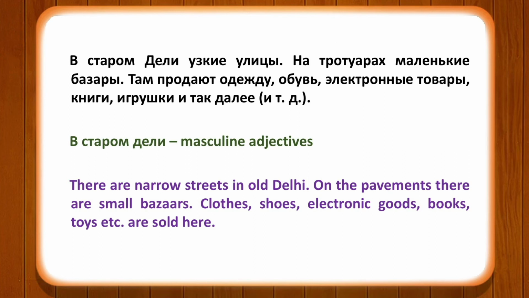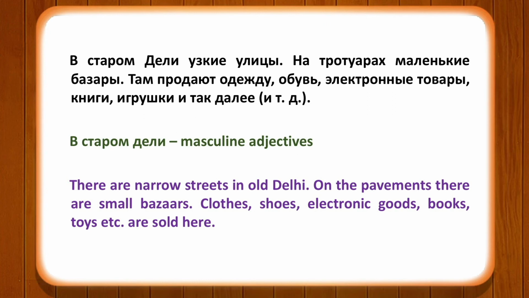Tam pradayut odezhdu, obuv, elektronnie tovari, knigi, igrushki i tak dale. In this sentence, pradayut, pradavat, chto. So, odezhda, it is a feminine gender noun. Here we are using it in accusative inanimate.